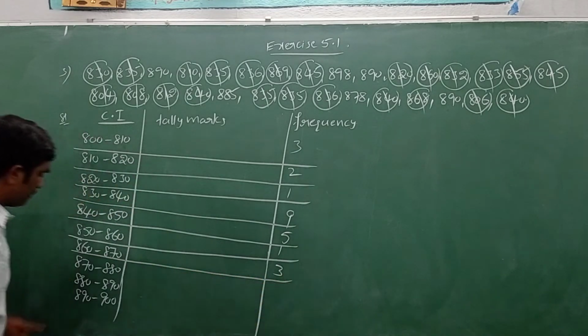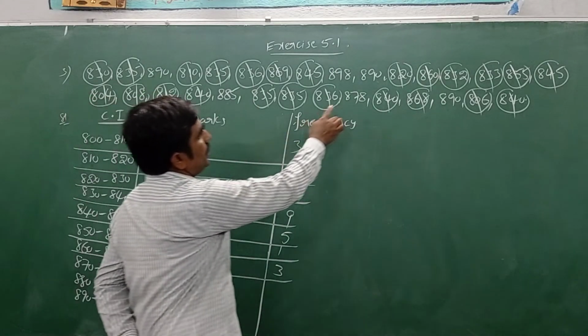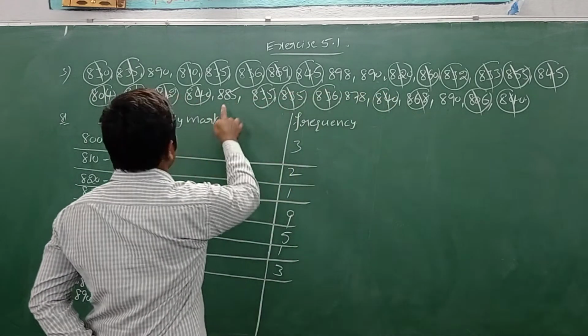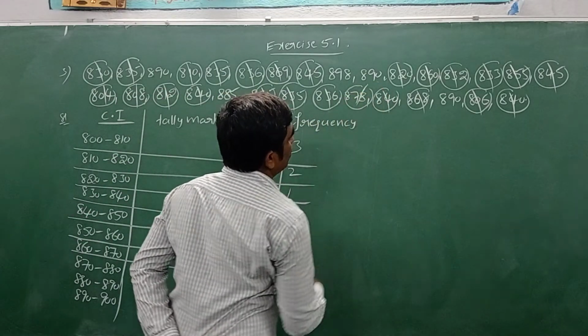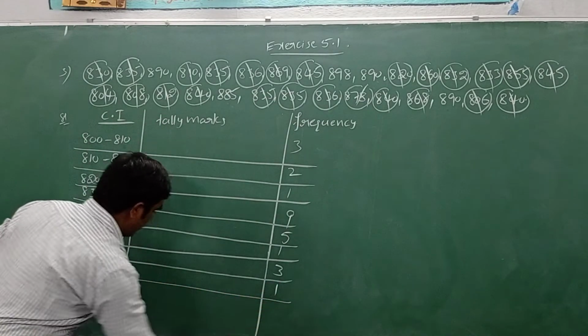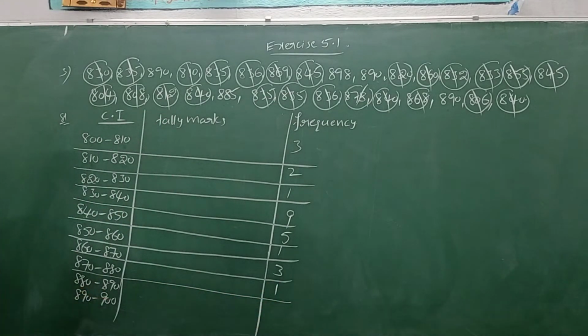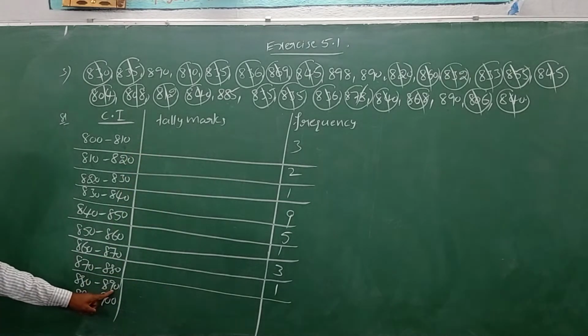Now let's go with 870 to 879. Almost we completed. 1. Then we will see 880 to 889. Sorry, not 890. The upper limit is not included; the upper limit is included in the next class. We'll consider 880 to 889.